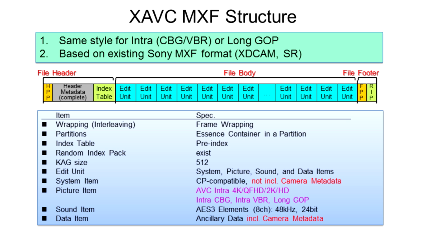Now, these compressed bits have to be contained somewhere, and that somewhere is a file format called MXF, the Material Exchange Format. And this is the structure of the file format. It has a header, it has a footer, and you notice we have areas where we can place metadata at the beginning of the file, and we have edit units.